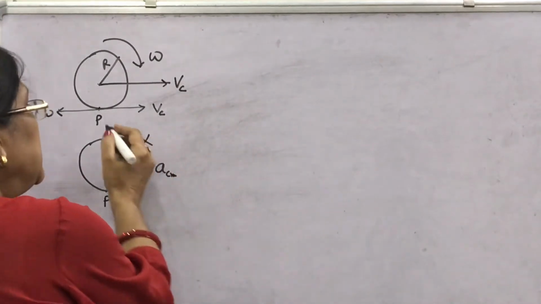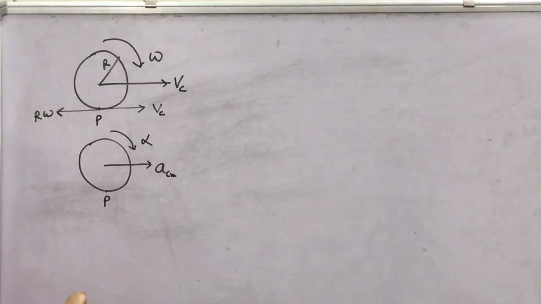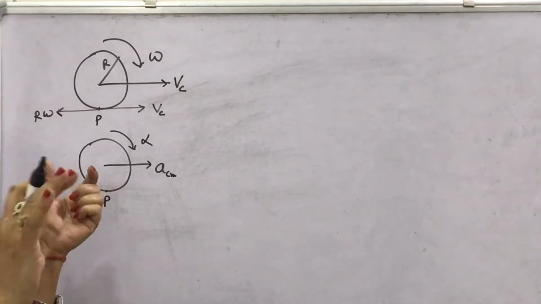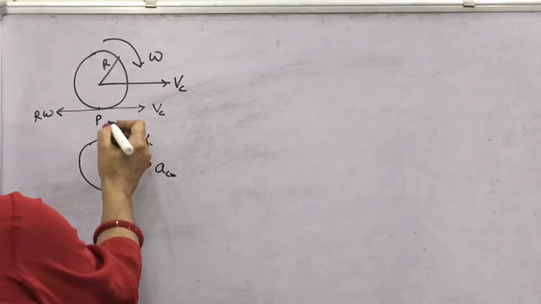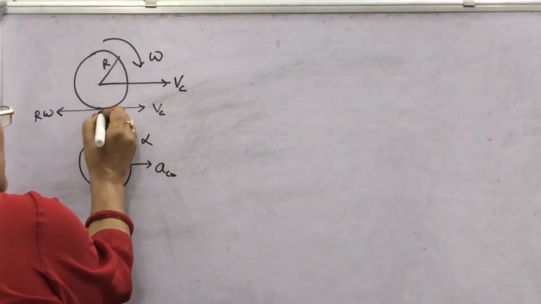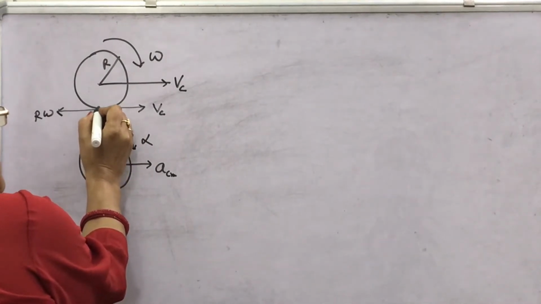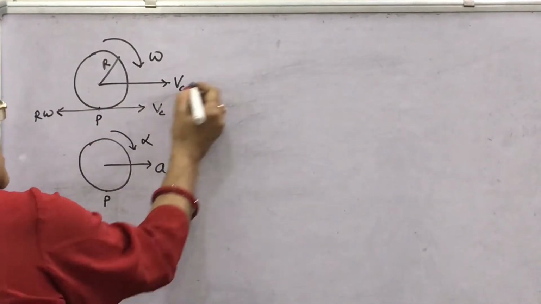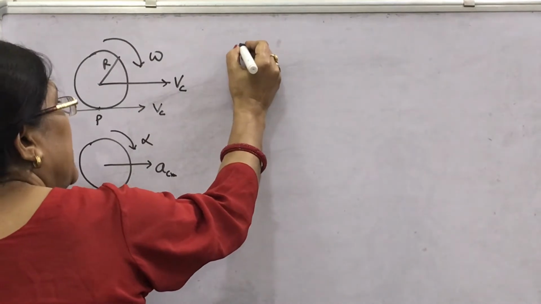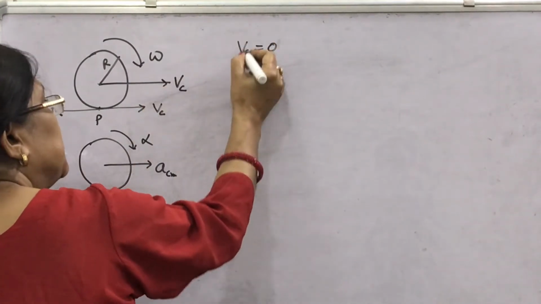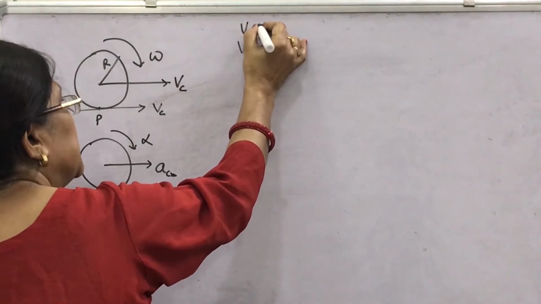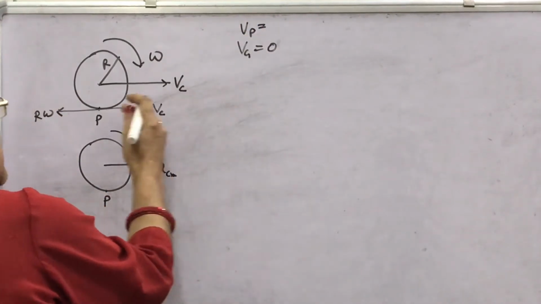Pure rolling means the lowermost point must remain at rest. That means if this is the ground, then with respect to ground, it should be at rest. What is the speed of ground? If you say 0, then what is the speed of lowermost point P? This is forward, this is backward.